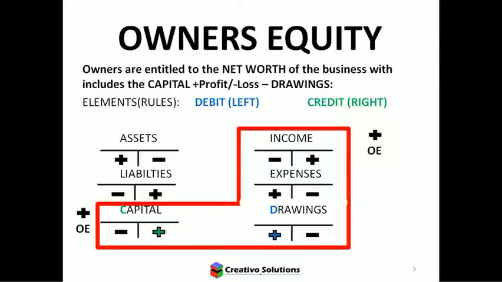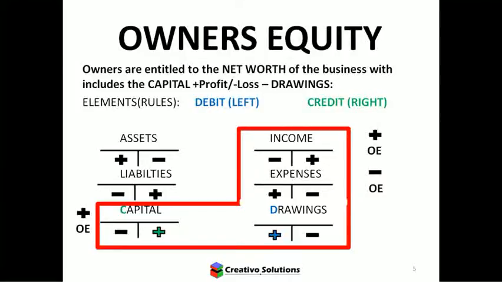The opposite is true for an expense. If I have more expenses, I'll record more expenses. So if I record more expenses, that's going to reduce my profit or possibly create a loss even. So if I record more expenses, I'm going to decrease owner's equity because it's going to reduce the profit or increase the loss, depending on the situation.